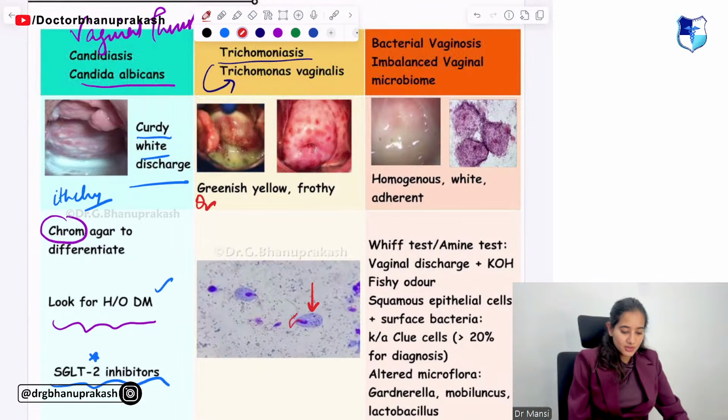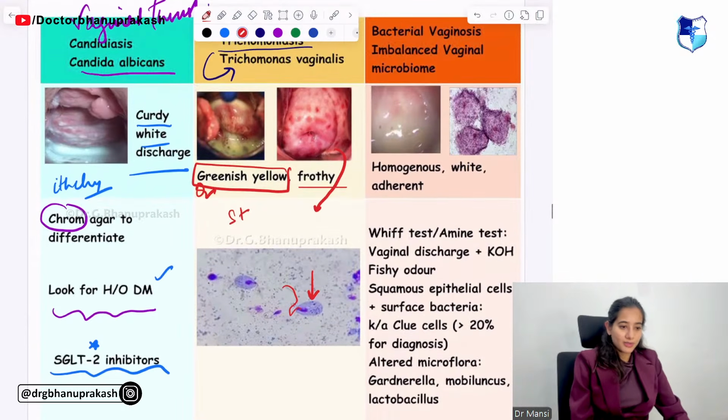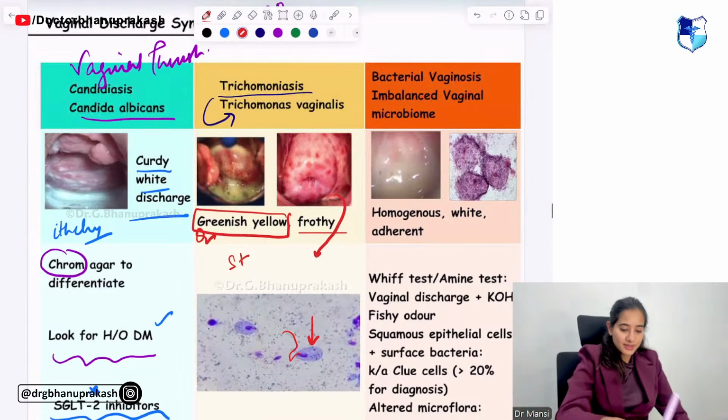You can see the flagella, and the discharge here is greenish yellow and frothy in nature, and this is a classical finding seen in Trichomonas vaginalis. Can anyone tell me what the classical appearance of the cervix is called? Strawberry cervix, yeah. So that's what you can see.